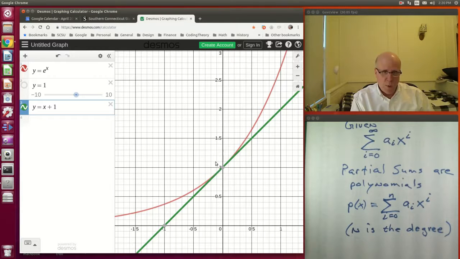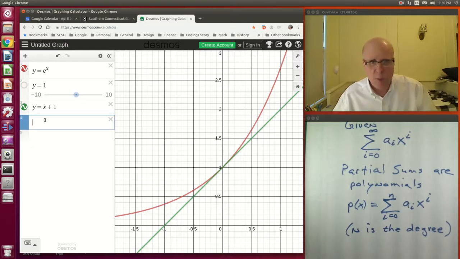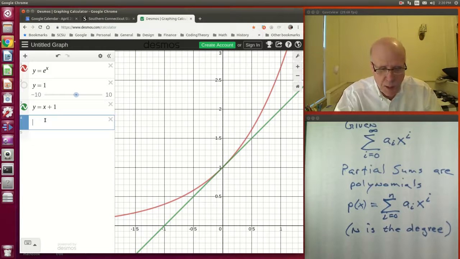For an appreciable interval in here, it looks like maybe between negative 0.1 and positive 0.1, you can't even see the red graph. But if we're a little bit wider out, you can. All right, so what I would like now is to get an even better approximation. Let me write it this way.